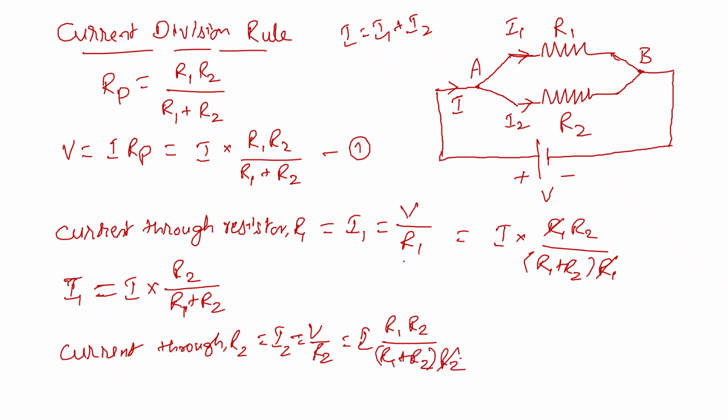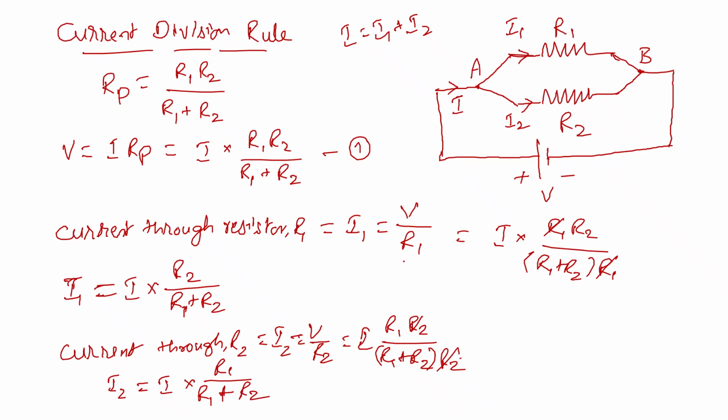So here R2 gets cancelled. So I2 equal to I into R1 by R1 plus R2. So this is the I2 current.